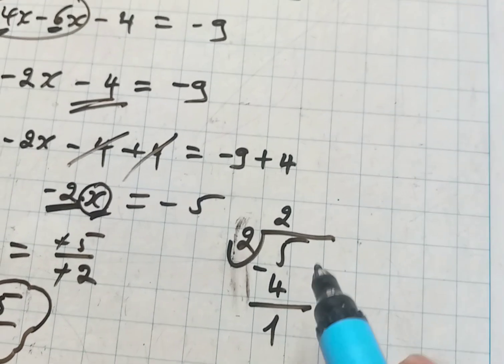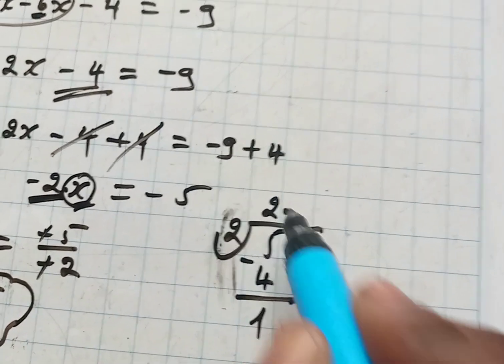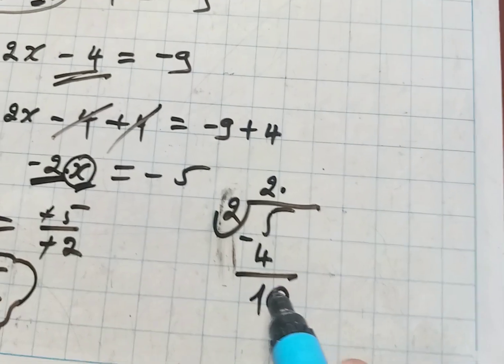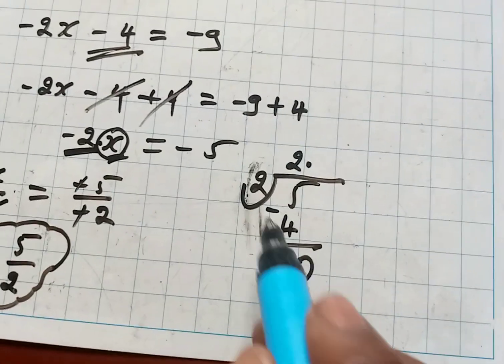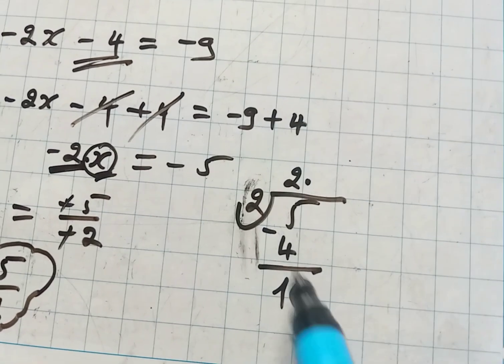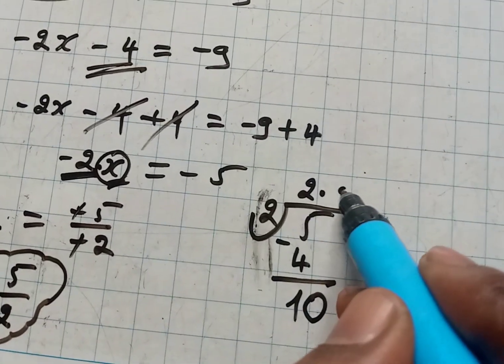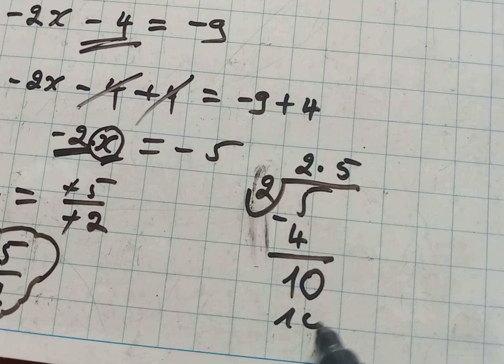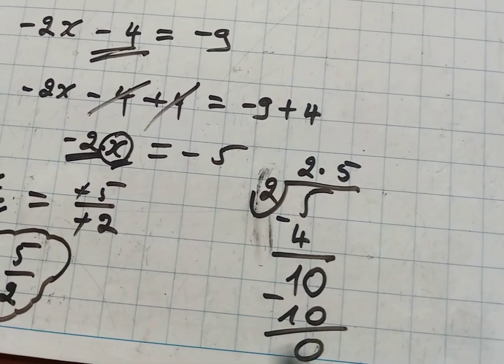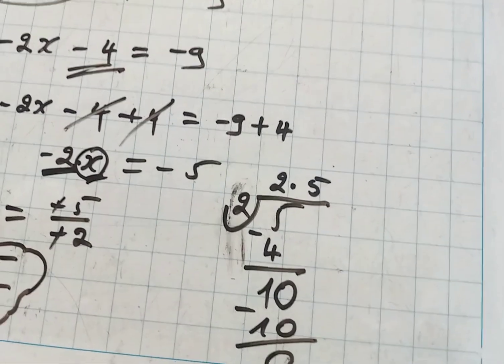Yes, we have to put a decimal point here. Then we add 0 to the remaining 1. So we have 10. 10 divided by 2 is equal to 5. Now we put 5 here, so that this 5 times 2 will be equal to 10. Now we have 0, right?